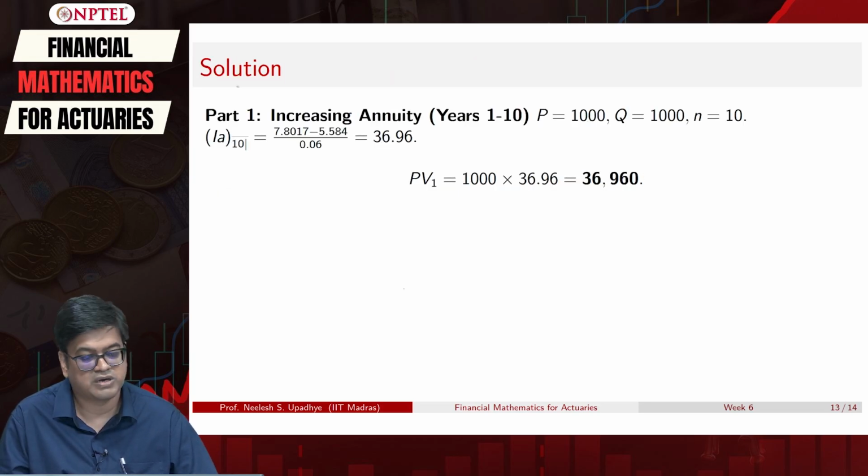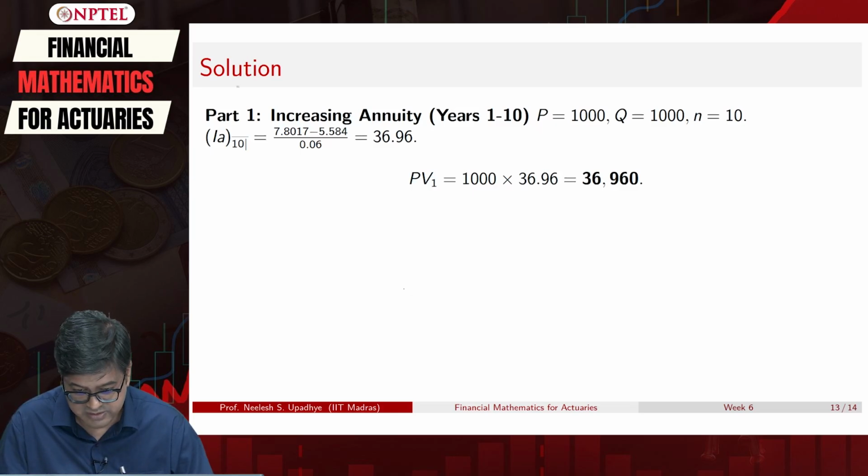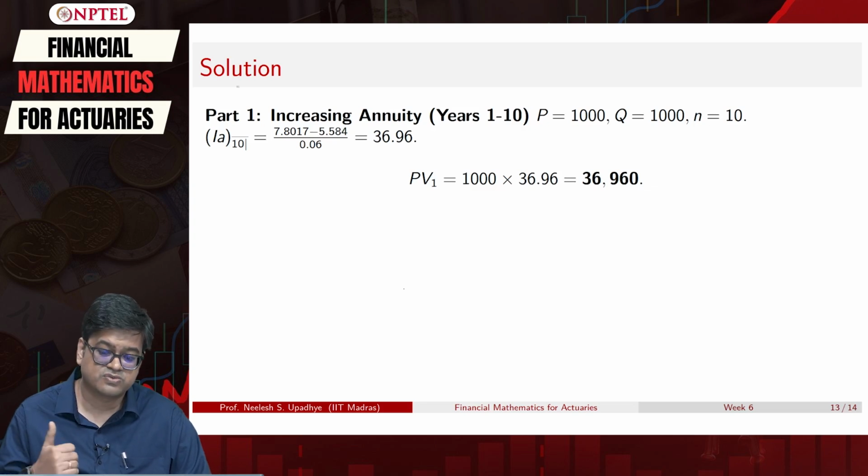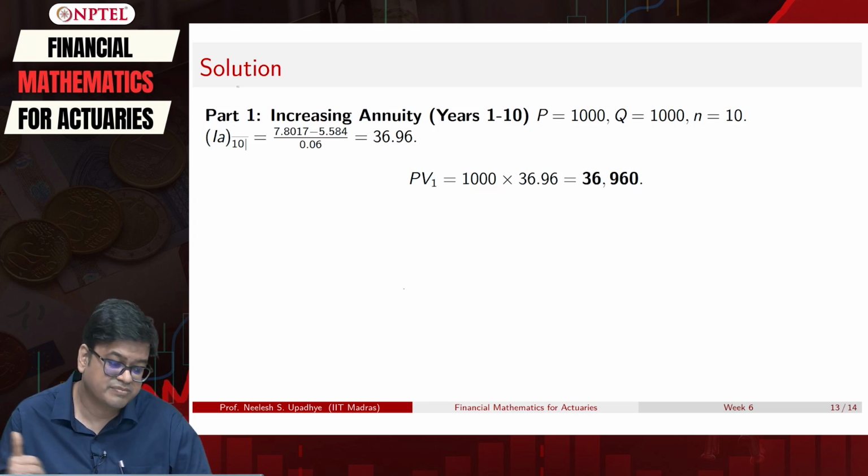Let us take the first part, which is increasing annuity, years 1 to 10. What is P? P is 1000, and the difference is also 1000. There are 10 time periods.